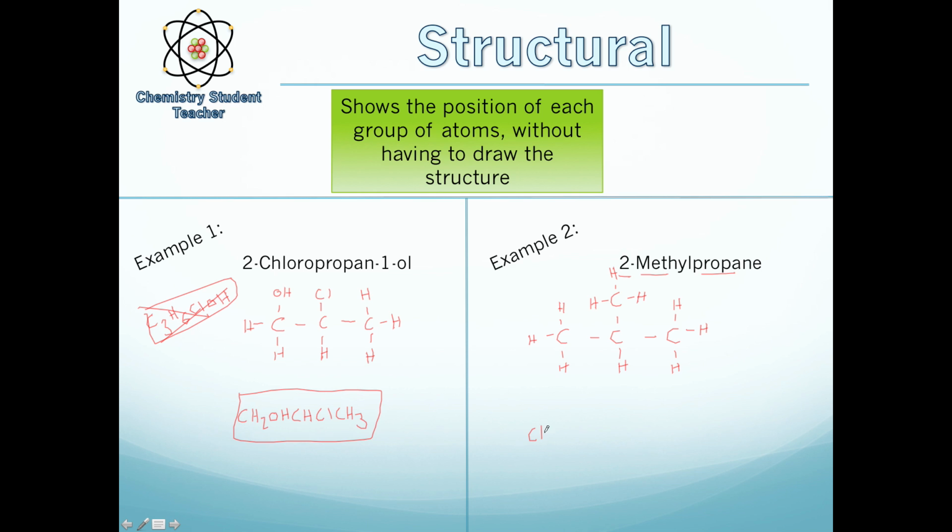So now if we do the structural formula, if we start with the first carbon, it's CH3 here, and on the second carbon we've got CH, but now here's where there's a key difference. You do a bracket to represent this methyl, put CH3, and then the final CH3 there.